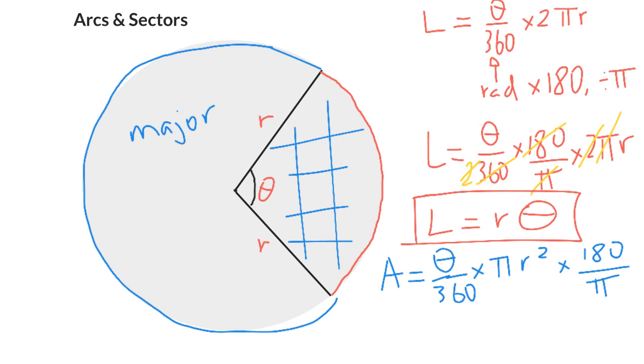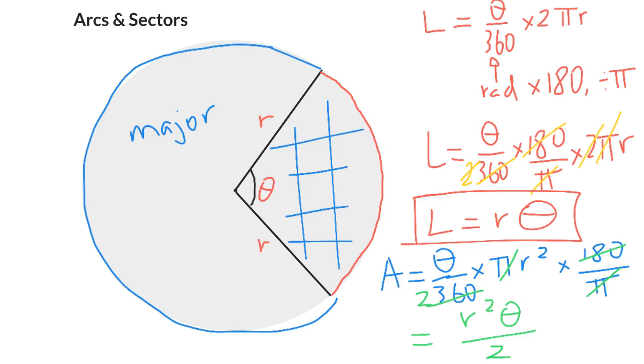My 180 and 360 would work together. The pi's would go. And what I'd end up with is theta over 2 and r squared. Now, the way that we normally write this is r squared theta over 2. And again, a much simpler way to deal with things if I've got my angles in radians.